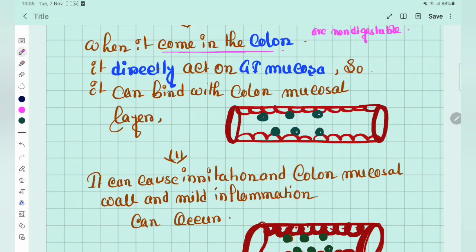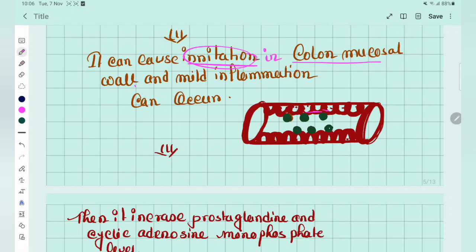So this GI stimulant or laxative can bind with the colon mucosal layer. So this is the colon mucosal layer and these are the stimulant laxatives, and in the colon these stimulant laxatives bind with the colon mucosal layer. So when these stimulant laxatives bind with the colonic mucosal layer, it can cause irritation in the colon mucosal layer, and when irritation occurs in the colon mucosal layer, it can cause mild inflammation.